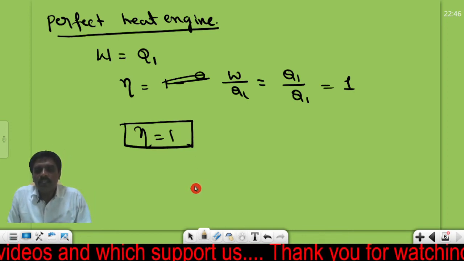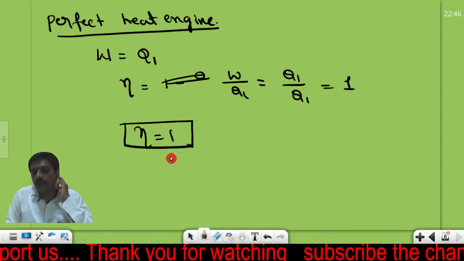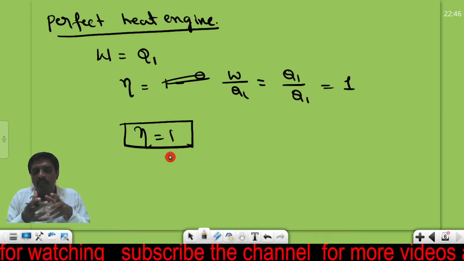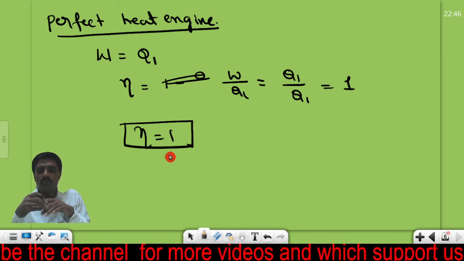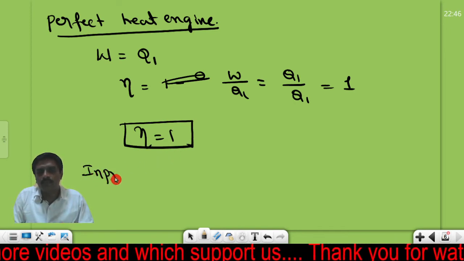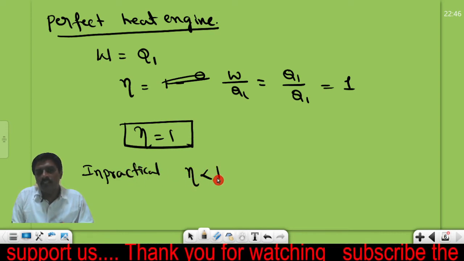So it is a perfect heat engine, but in practice it may not be possible for a heat engine to convert all the heat taken into the same amount of work. This is named the second law of thermodynamics. We will discuss it later. So in practice, eta is always less than 1.